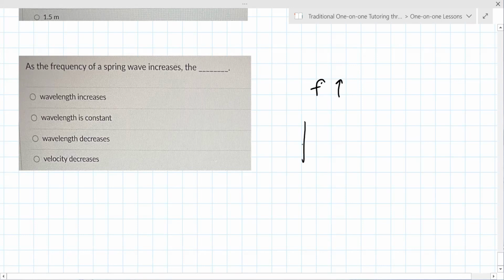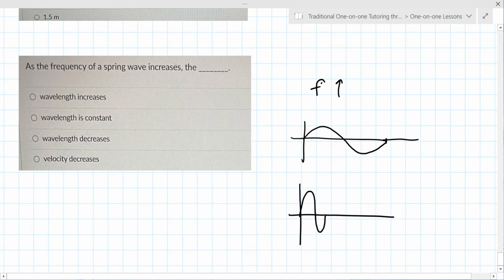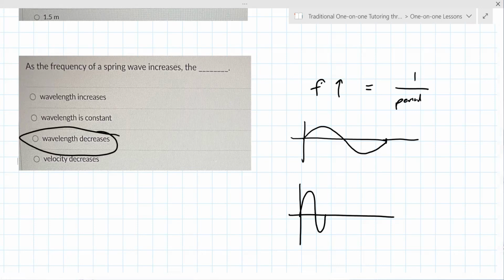The length of the wave is like this, which I think of as period. Remember we had two pictures: this would be a really long wave and this would be a really short wave. So 1 over the period, 1 over the wavelength, you can think of. The one with the shorter wavelength is going to have a higher frequency. So this seems to make the most sense to me.